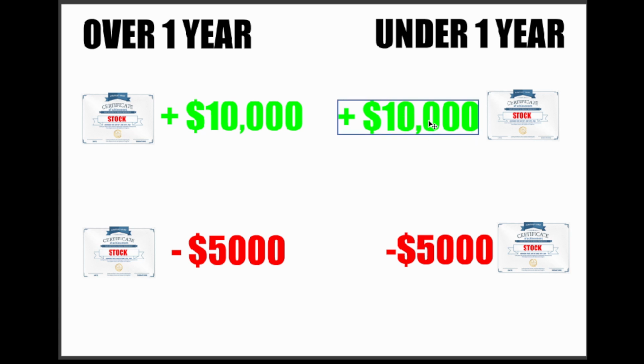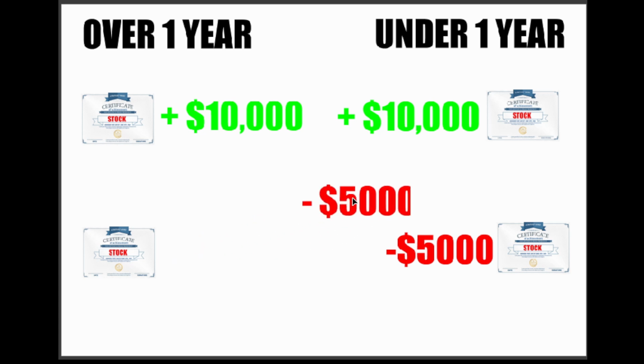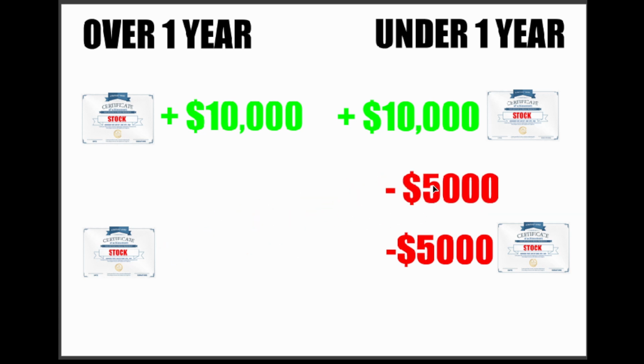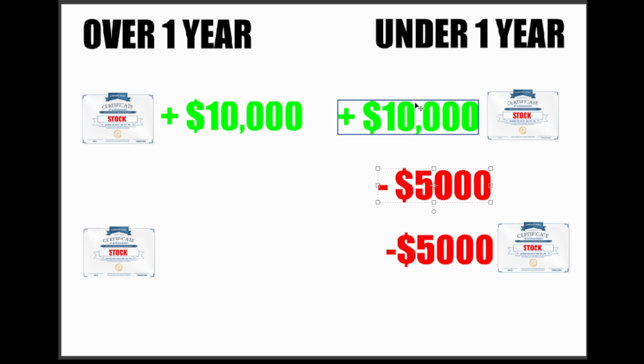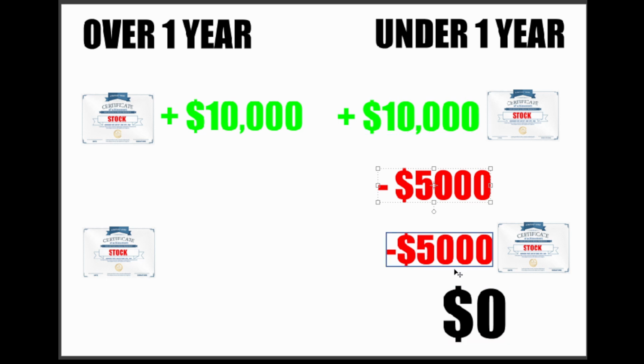So what you would do is, of course, realize this gain because you want to sell your losers, because that's always a good idea. But you would also realize this loss too, and so you would sell this stock. Now you have two $5,000 losses that completely wipe out this $10,000. So the net gain in your short-term stuff is zero, so zero taxes there.